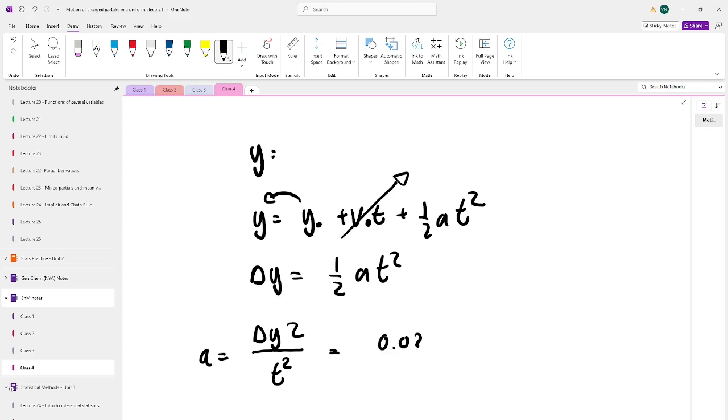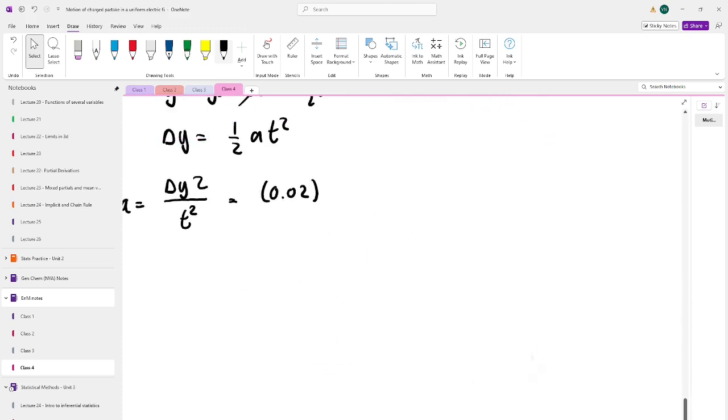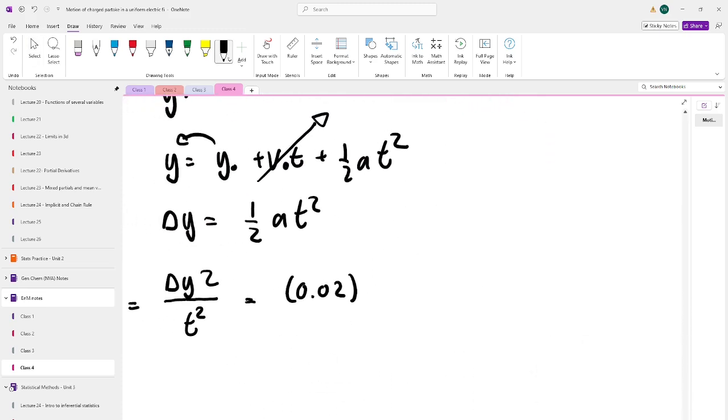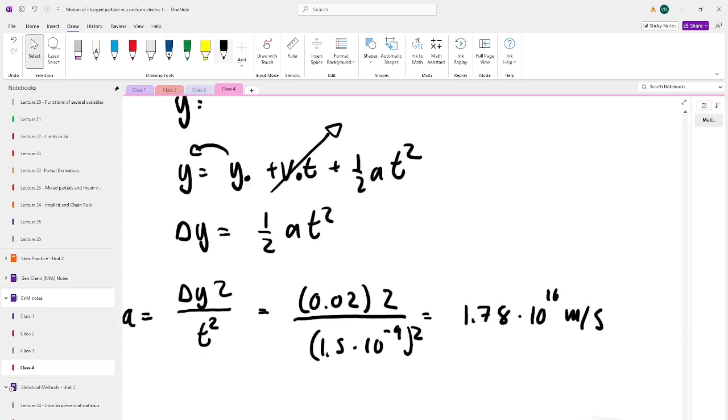So 0.02, which is delta y, as we said at the very beginning, multiplied by 2, divided by t squared, which we just calculated to be 1.5, I believe, times 10 to the minus 9. So we can punch that in, squared. So that gives us 1.78 times 10 to the 16 meters per second squared.